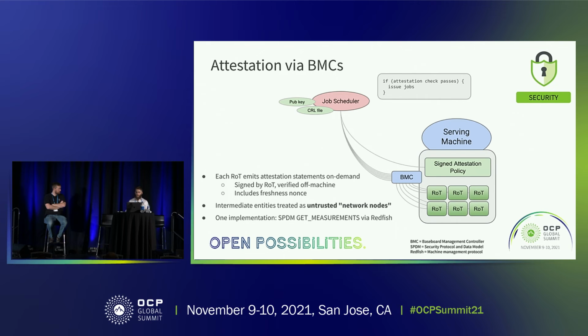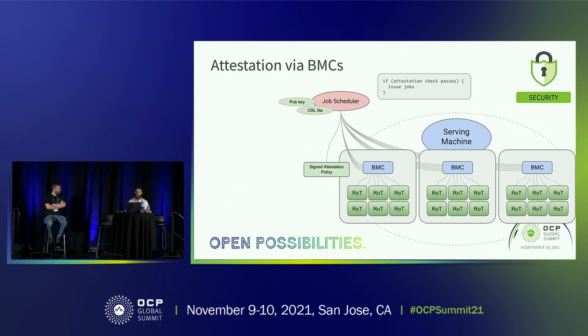And one reason for that is because this diagram up here is still a vast oversimplification of what's actually coming. Machines being built now need to route these requests through several BMCs on the machine. The hardware on them, and it depends where the roots of trust are located, and the hardware inside these machines can be quite complex, and that's for very valid business reasons, and we want to support that.